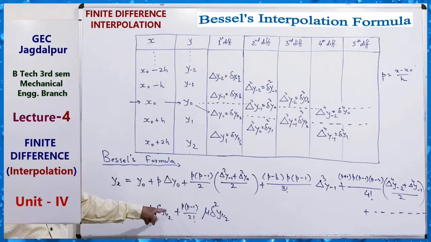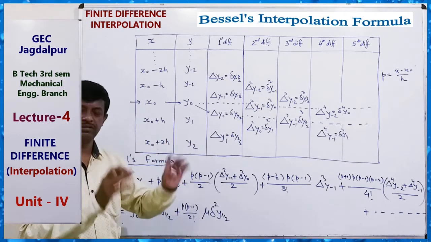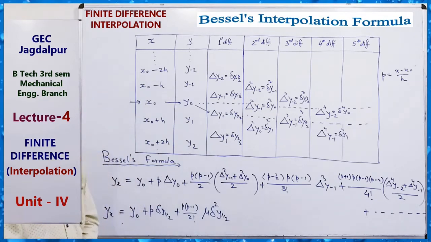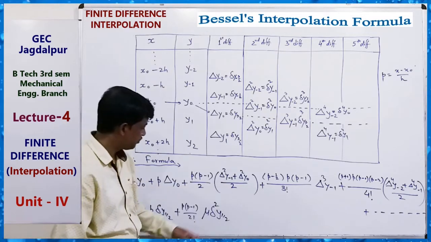This is in terms of central difference operator. Same formula, because the value comes from the table. Table making is same for 3 operators: backward, forward and central. Okay, average of this.